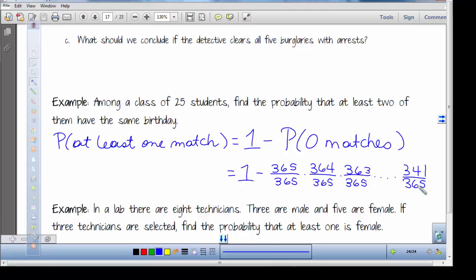Okay, and we could use some tricks to calculate that on our calculator. I won't spend time telling you about those tricks, but we would get 1 minus 0.4313 or 0.5687.